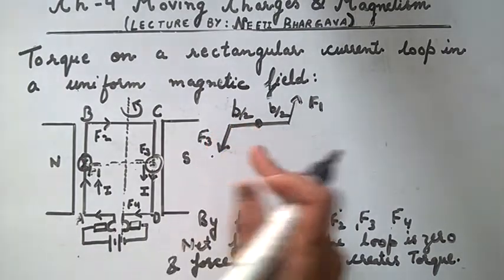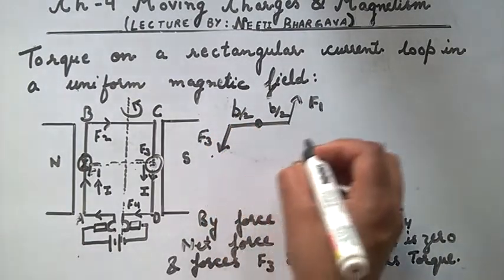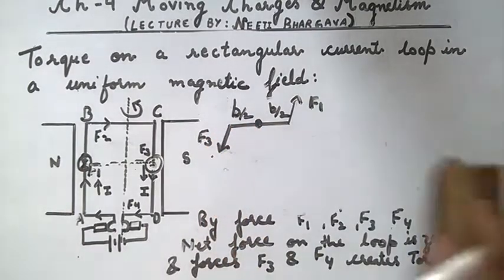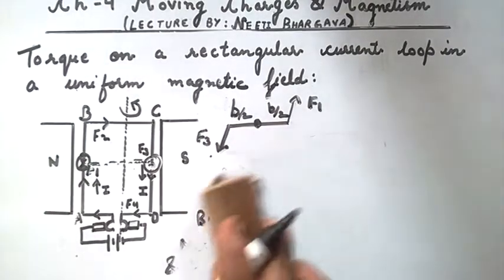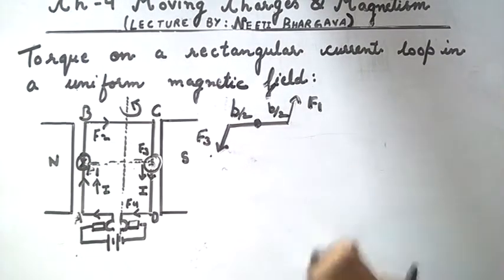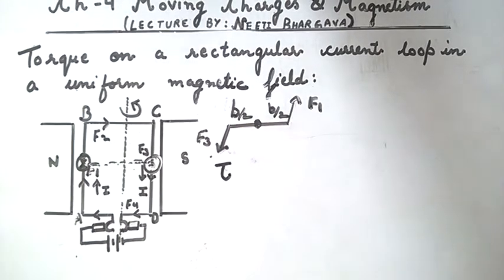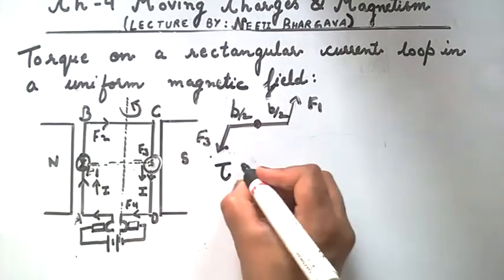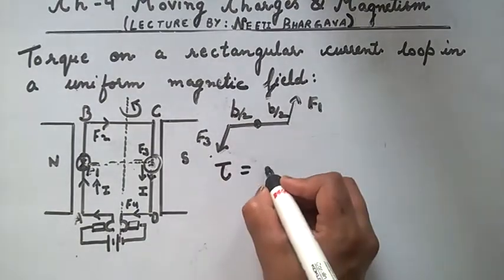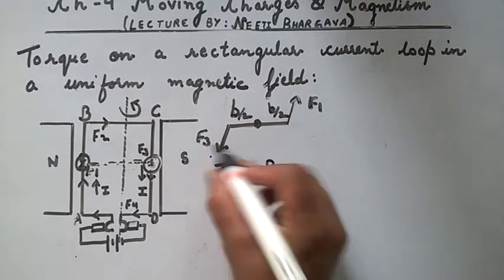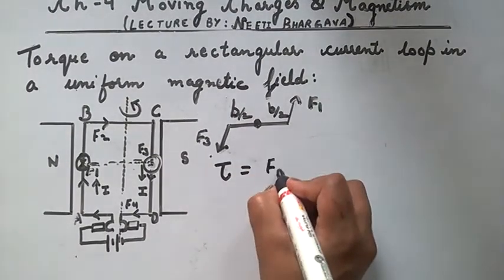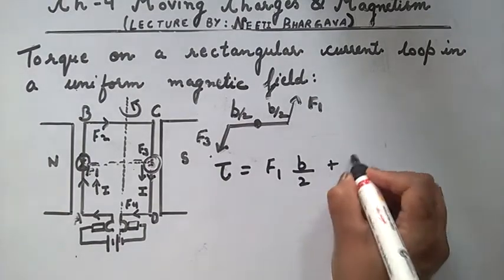Therefore, torque is equal to F1 times b by 2 plus F3 times b by 2.